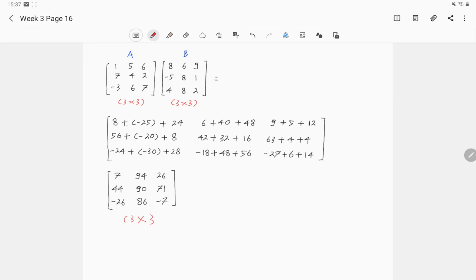The component in row 1 and column 1 comes from 1 multiplied by 8, plus 5 multiplied by minus 5, plus 6 multiplied by 4. So 1 times 8 is 8, 5 times minus 5 is minus 25, and 6 times 4 is 24. Then we have this matrix, which should be the same as what you have in your slides.